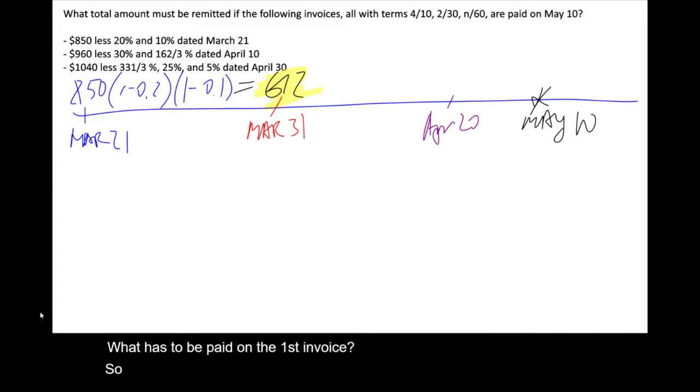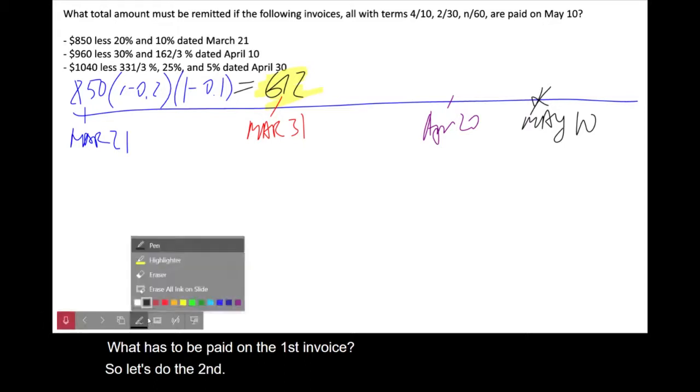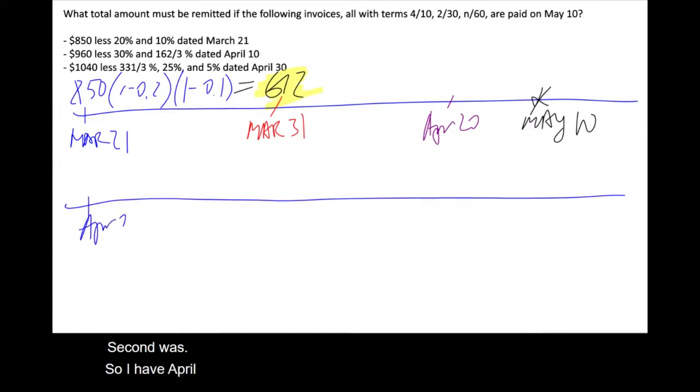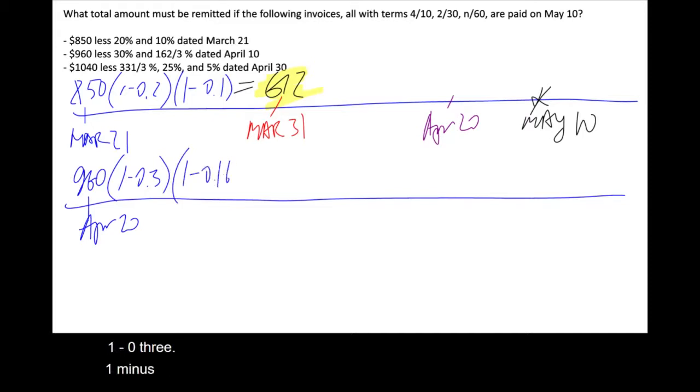So let's do the second invoice. So I have April 10, 960, 1 minus 0.3, 1 minus 0.16 in period. Oh, not 20th, April 10. So 10 days, first cutoff date.